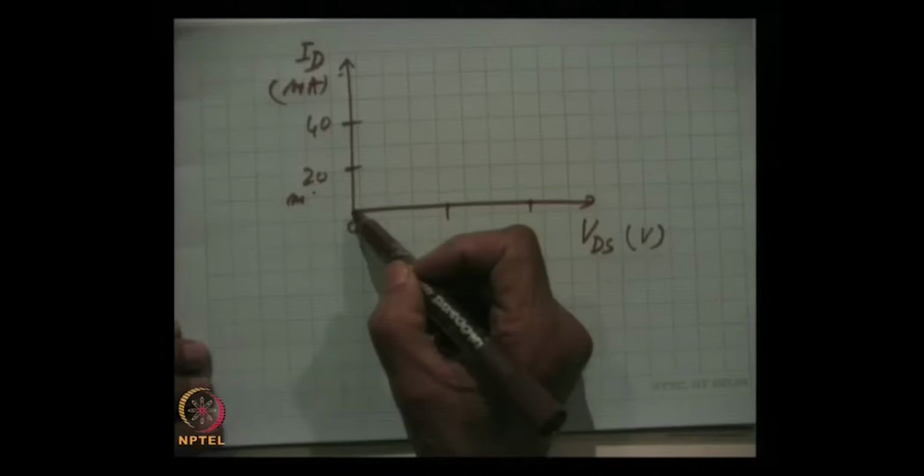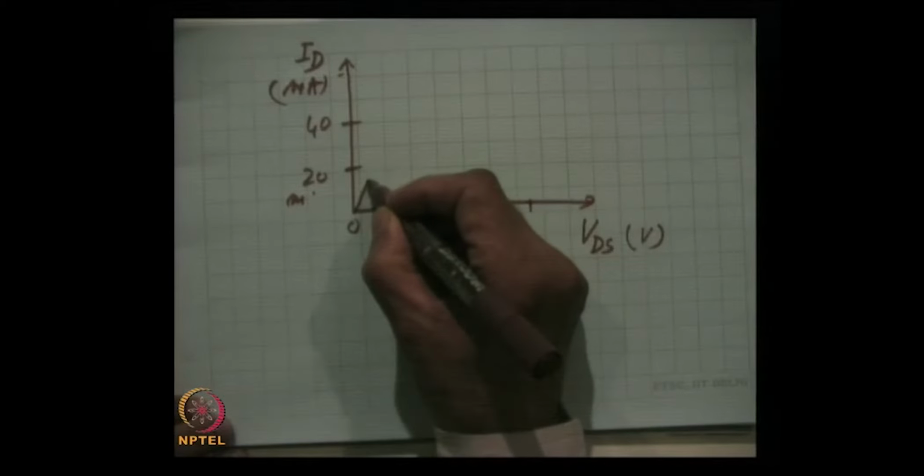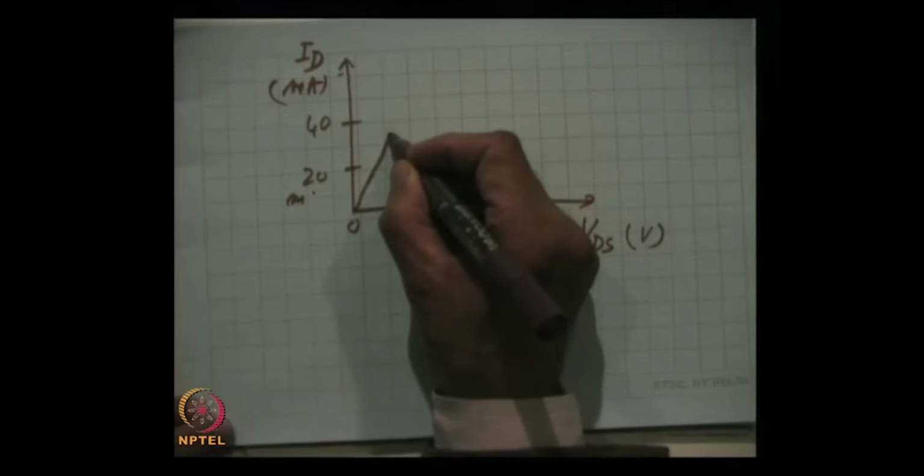So, now from 0, this voltage we are changing from 0. So, the drain current will increase and it will keep on increasing.